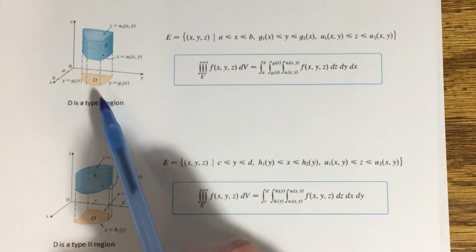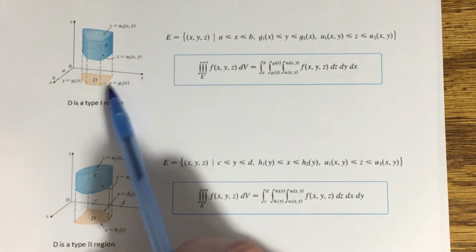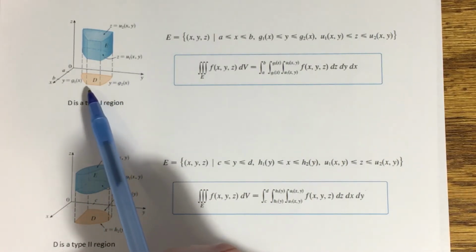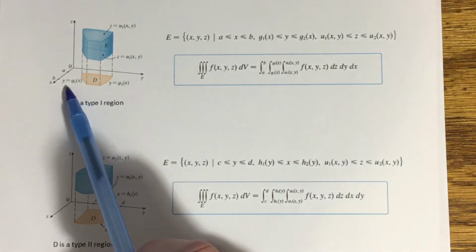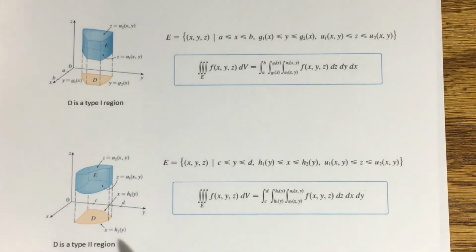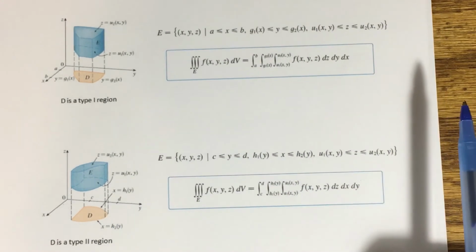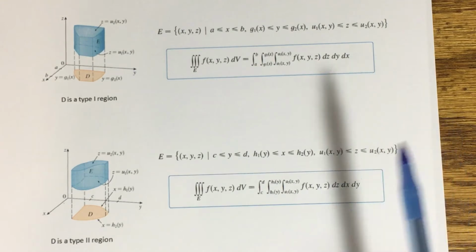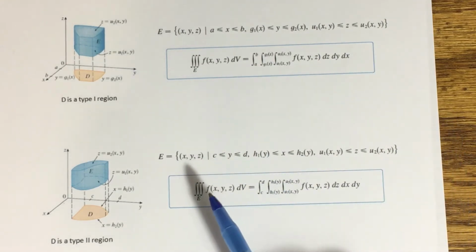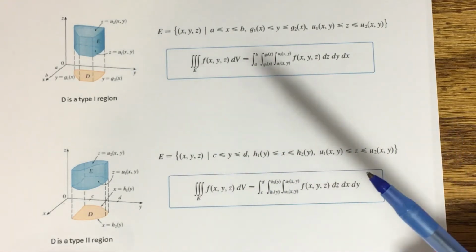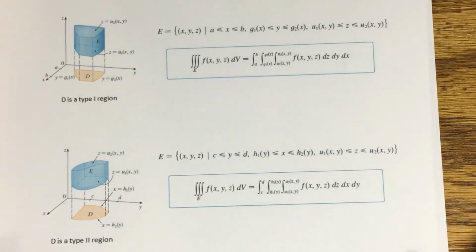The plane region D might be a type 1 region, which means that y is bounded by two functions of x, or it could be a type 2 region where x is bounded by two functions of y. So for that reason, in these problems, a lot of the triple integrals you're going to evaluate, you're going to be sketching at least two different graphs.